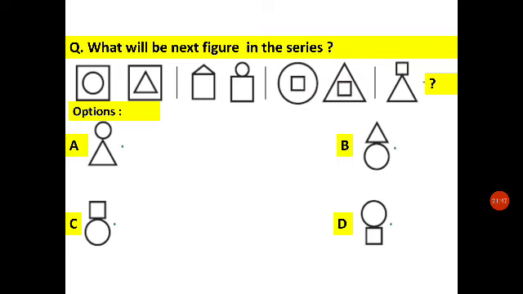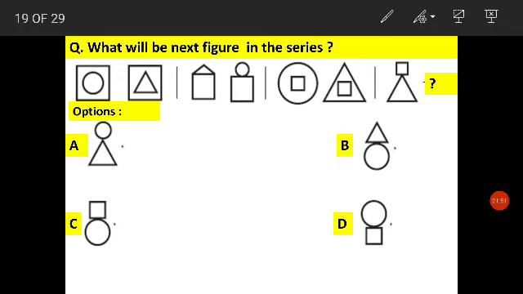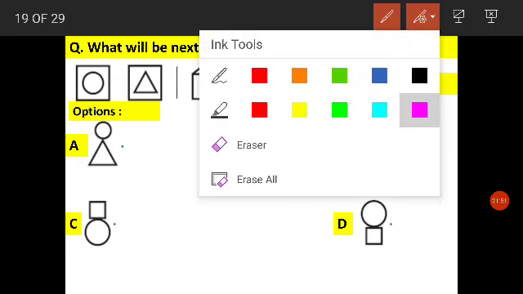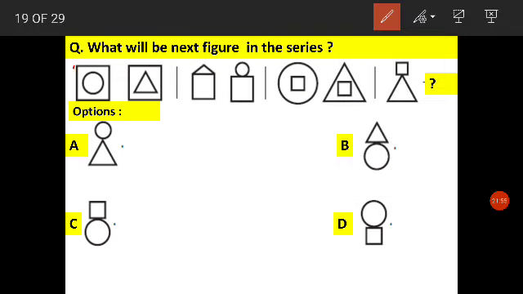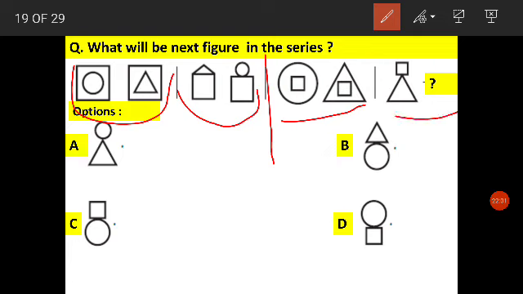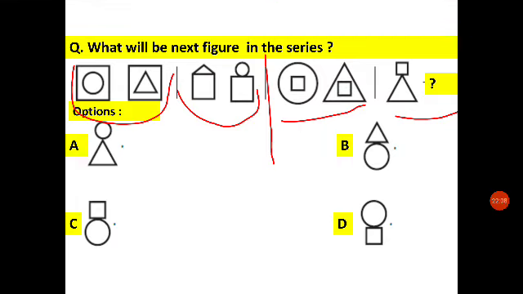Now figure series. There are two figures given here, then two here and two here, but one is missing. So the answer is C. Now how do we come to C?